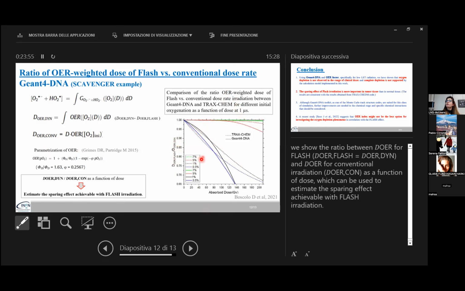And for 1% in the black one, you can see more changes, or more consumption of oxygen here, but not completely, and at high dose, not in the clinical range.